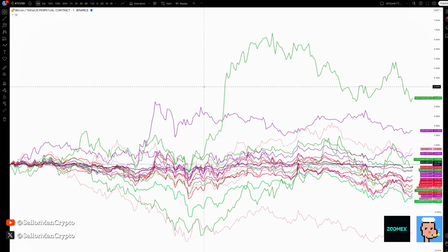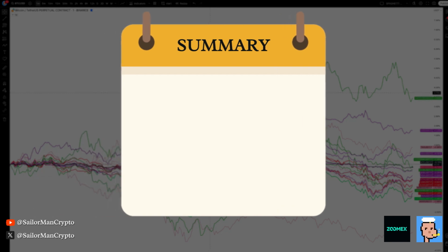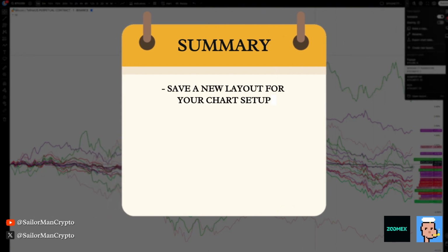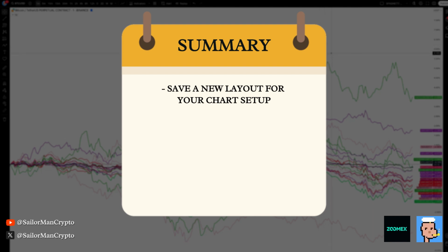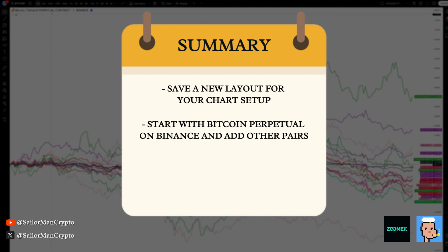So just to summarize, to set up the chart, make sure you save a new layout. So you create a new layout and you save it, so you will always have it as you last saved it. Start with Bitcoin perpetual on Binance, and then you start to add new pairs, always using the perpetual pairs on Binance if possible, or the exchange with the highest volume for that pair.